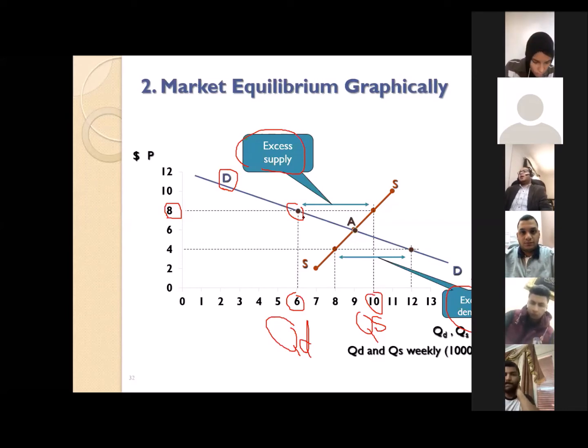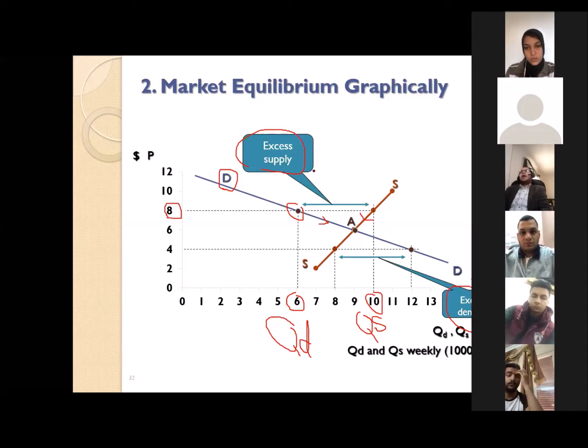Like when Iyad asked, what will happen when we have excess supply? Excess supply means we have overproduction. I don't need all of these. So simply, the storage and warehousing will increase. So the producer and seller would prefer to push the price down and sell all of these products.